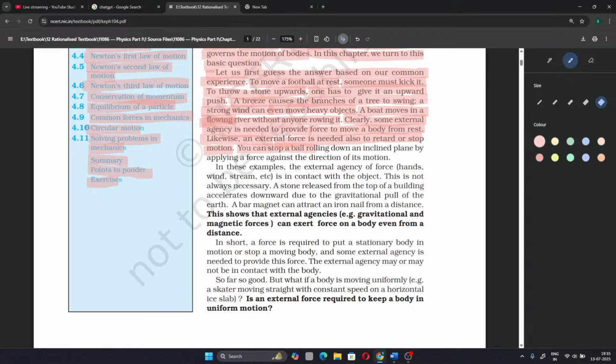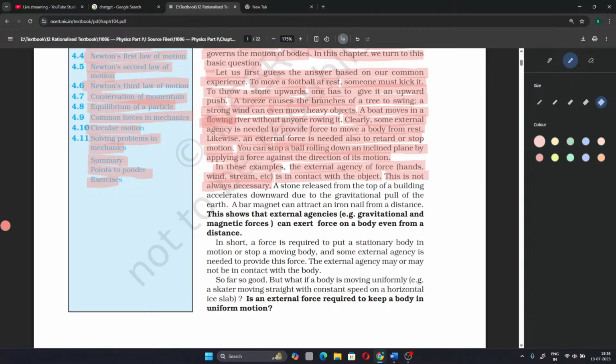You can stop a ball rolling down an inclined plane by applying a force against the direction of its motion. In these examples, the external agency of force, hands, winds, stream, etc., is in contact with the object. This is not always necessary.